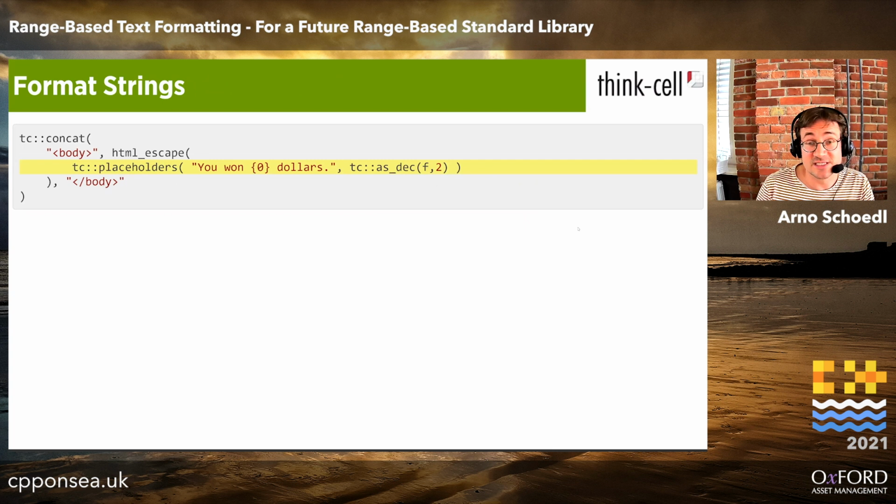Now, as I already said, we need placeholders because we want to do translation. And we do have placeholders in the library as well. You can use it with the Python syntax, so with basically numbered placeholders, and then the parameters that you give to the placeholder function, they are really just strings. They are really semantically just strings or ranges.